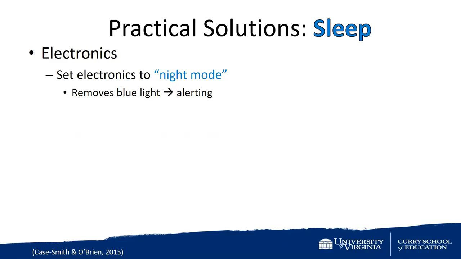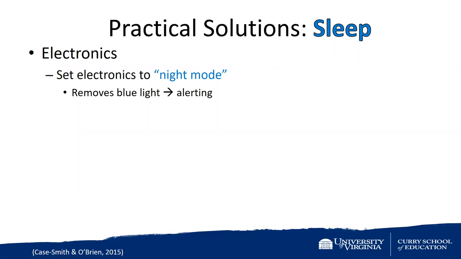Think about setting your electronics, this includes your phone, your iPad, any tablets, to night mode. This decreases the blue light. When your phone or tablet is up during the day, blue light and yellow light are both coming through equally. But at night, you can set it to night mode, and this will remove the blue light.